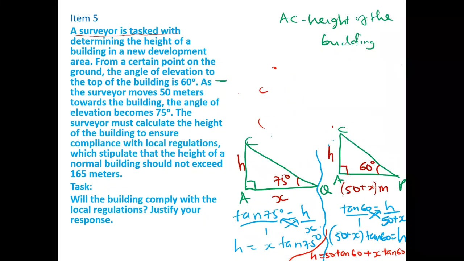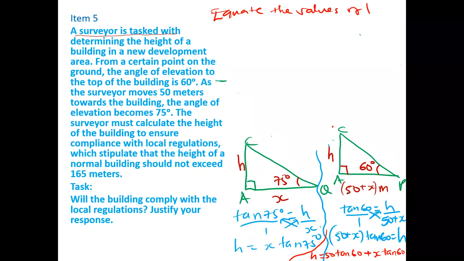So I'll come here and equate the two values of h. Here we say that x tan 75 is equal to 50 tan 60 plus x tan 60.